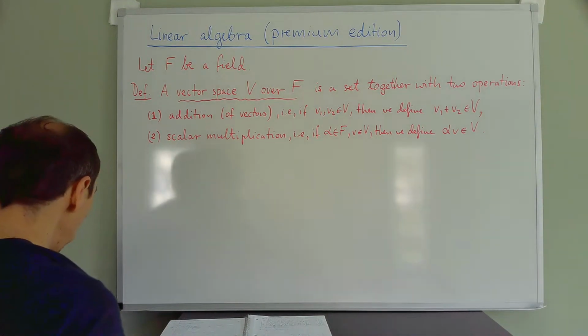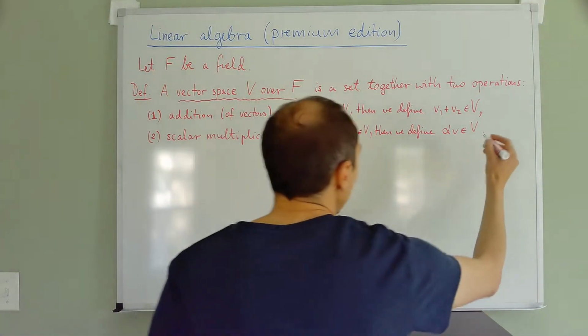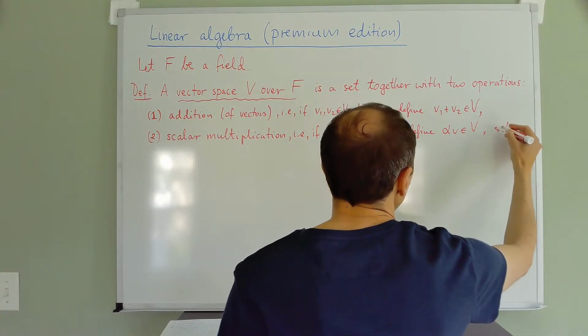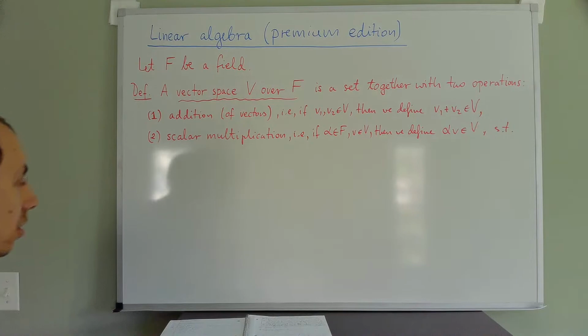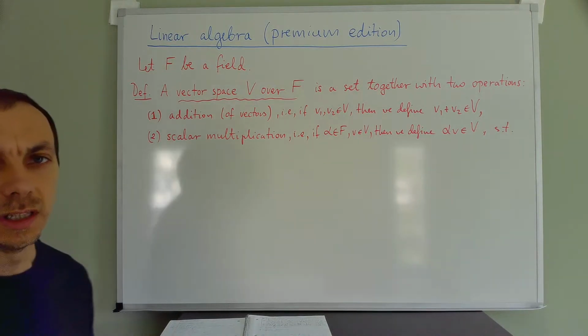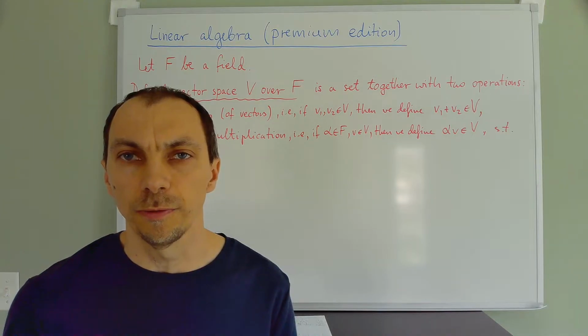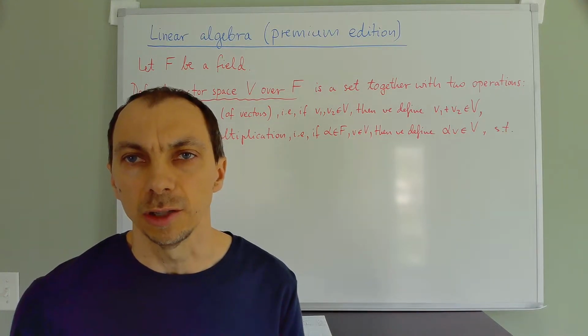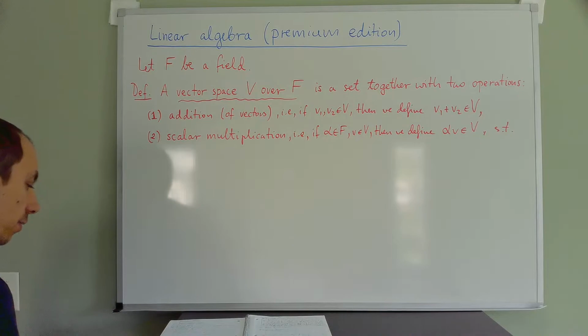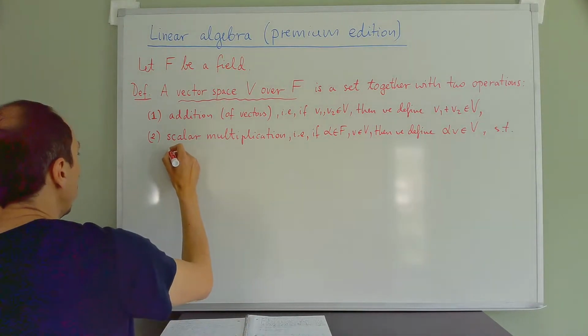Okay. And there's the whole laundry list of boring axioms that this thing needs to satisfy. I'm going to write them for completeness here, but they are just the same axioms you know from the linear algebra that you learned. So just for the sake of completeness, let's write them all down.